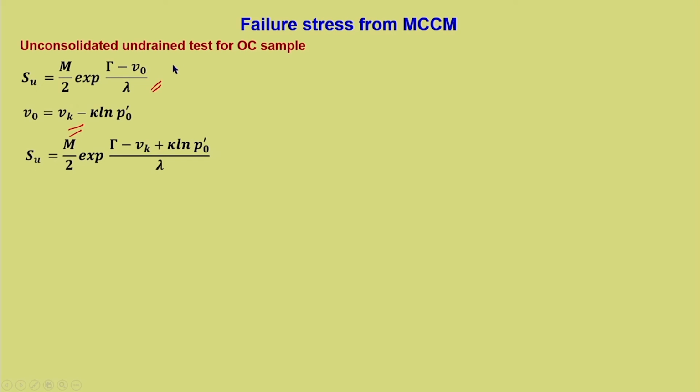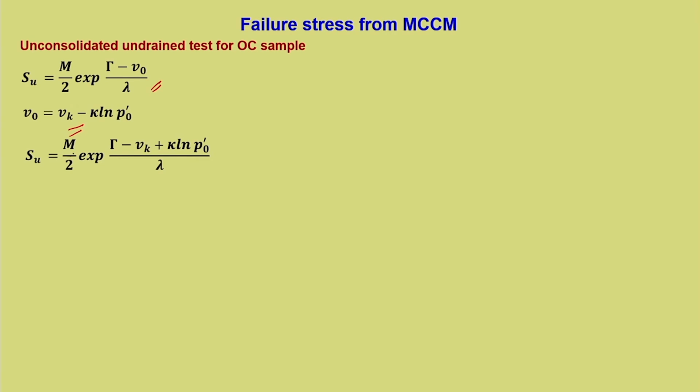Now, the same exercise for the OC sample. Su is equal to m by 2 exp gamma minus V naught by lambda. V naught is equal to V kappa minus kappa ln P naught dash, because this is an unloading reloading case.